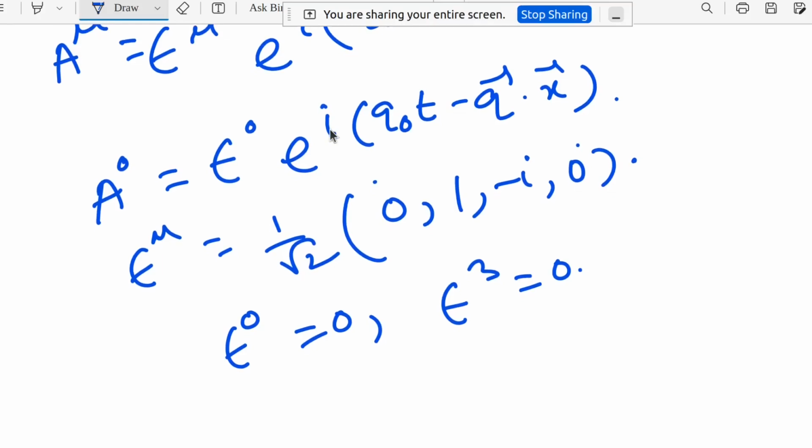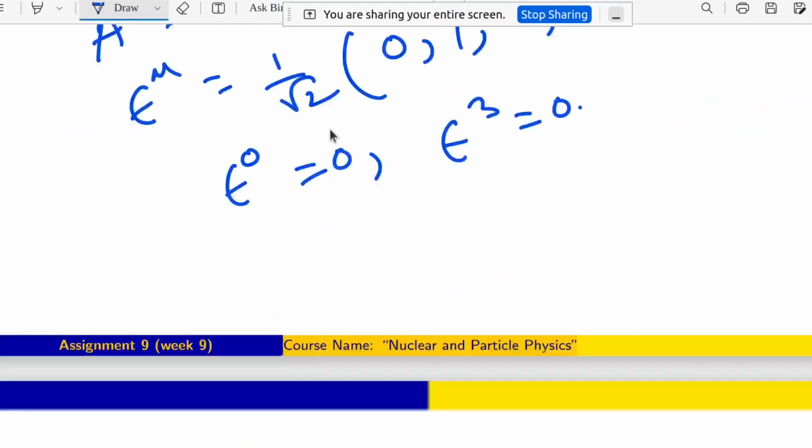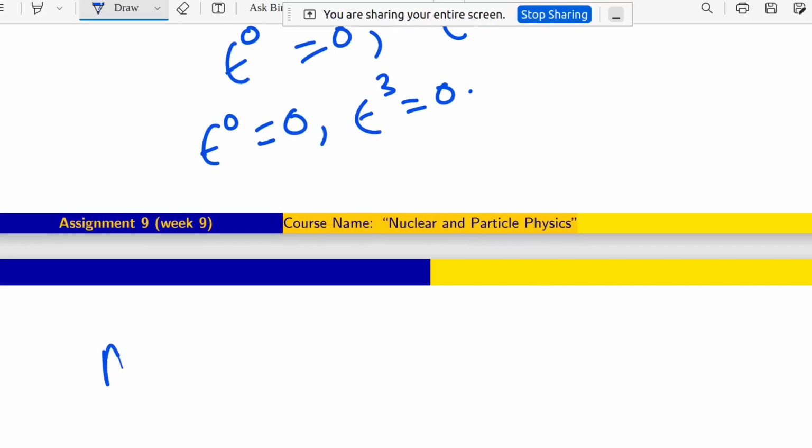So as A mu is in the multiplication form, we can say A0 and A3 are 0.